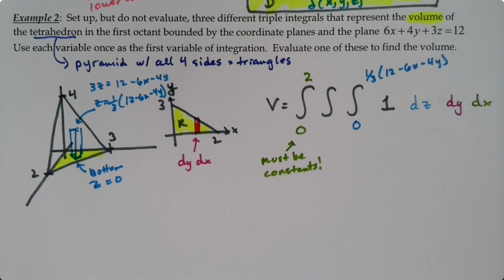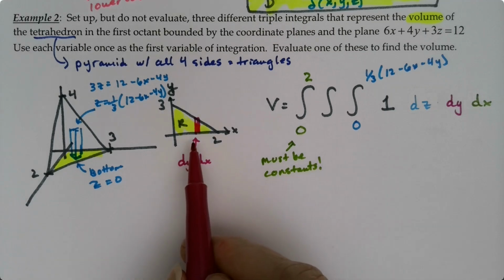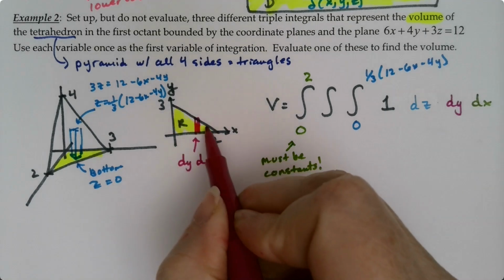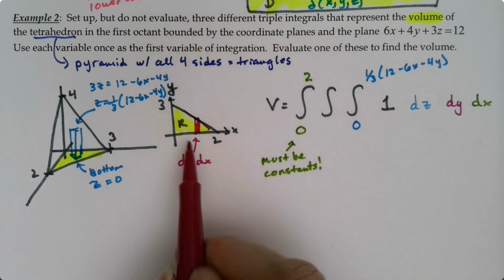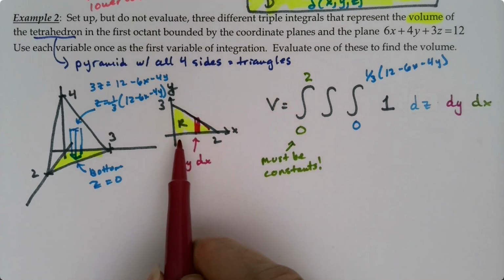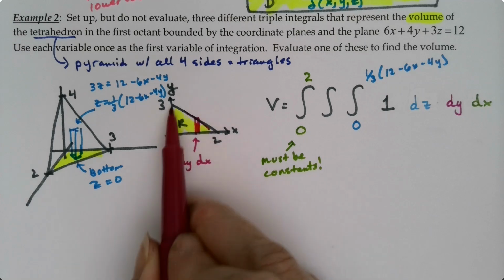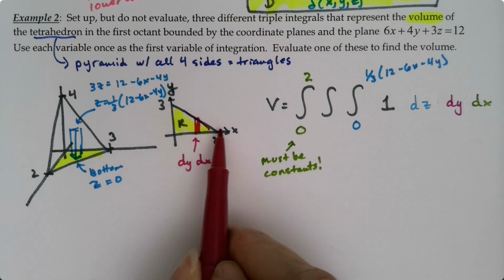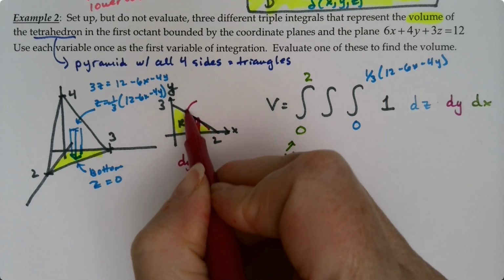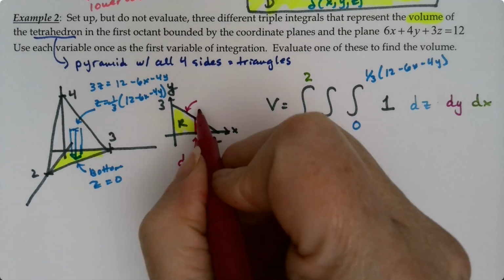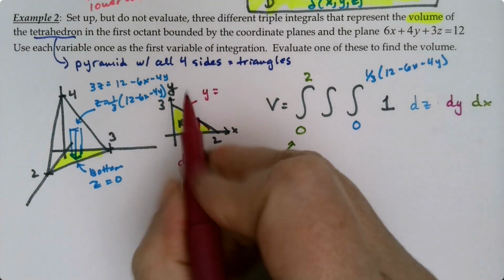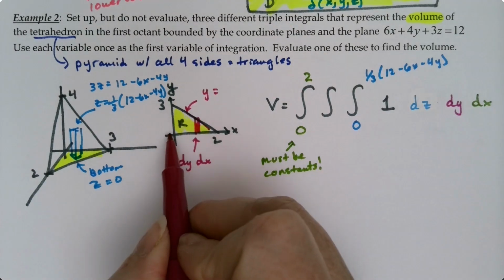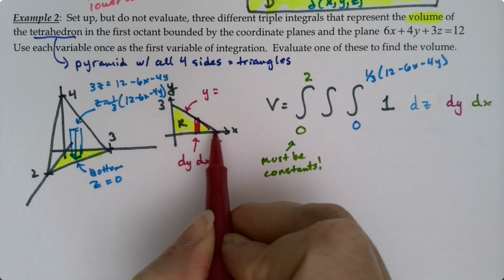So then the hardest part is actually the y, which is the same difficulty we were having in double integrals. You have to come up with the equation of the line here because this is not going to be numbers, right? If it was numbers, this would be a rectangle, right? But this is not a rectangle, this is a triangle. So you have to come up with the equation of the line. Okay, well, y equals down 3 over 2.